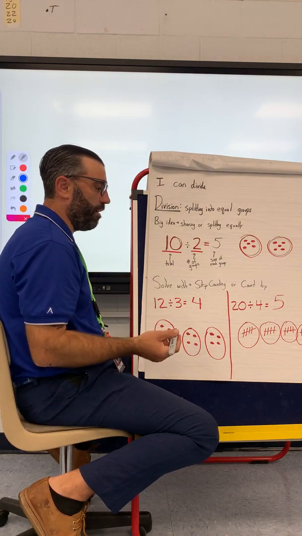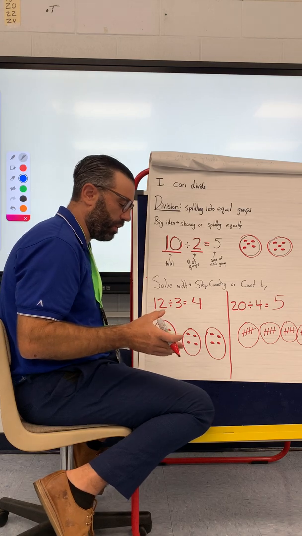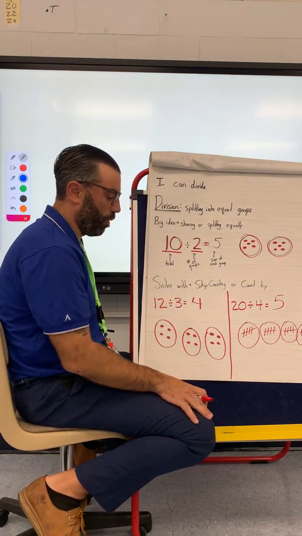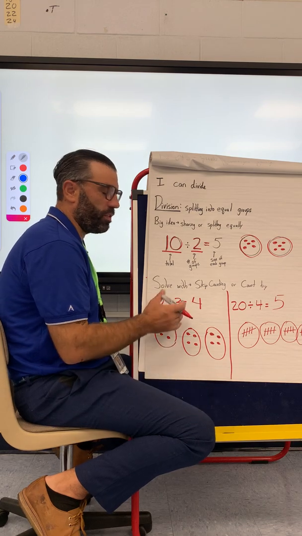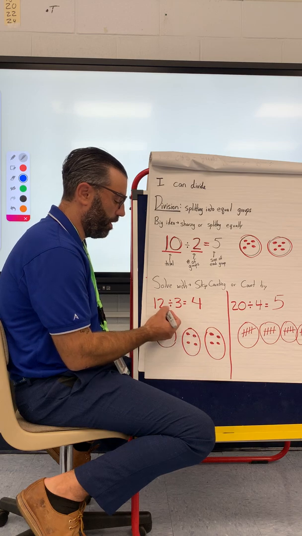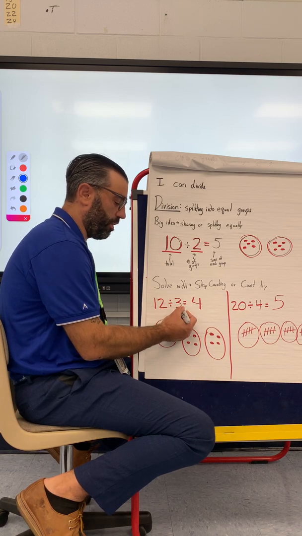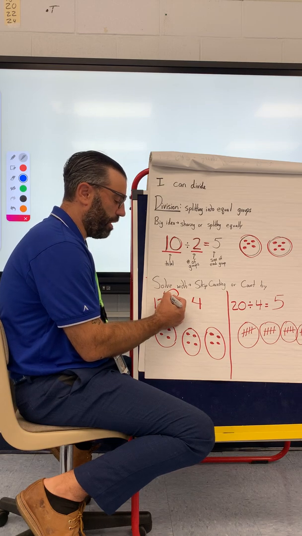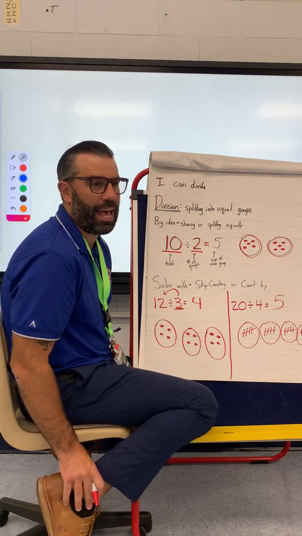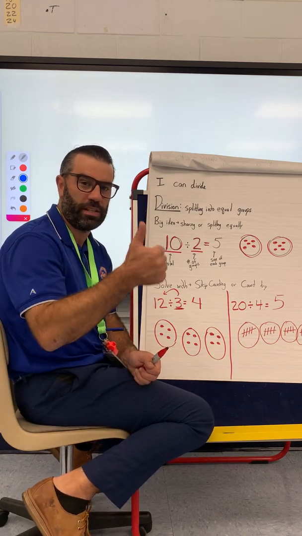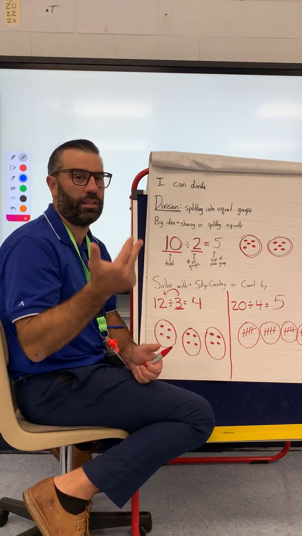And so how do we solve this? Well, we're going to solve this with something called a count by, which I'm going to go over today again and draw on my board for you. Or you could solve it by skip counting by the number. So if I was doing 12 divided by 3, you could say how many 3s are in 12, you just count by 3s: 3, 6, 9, 12.